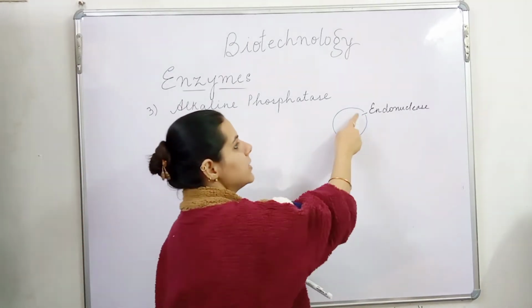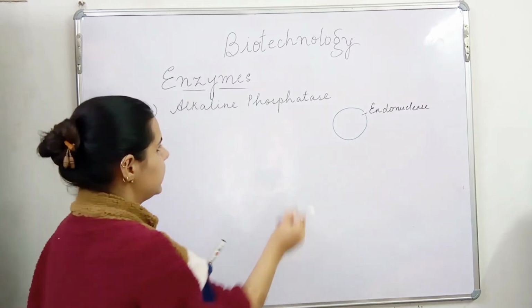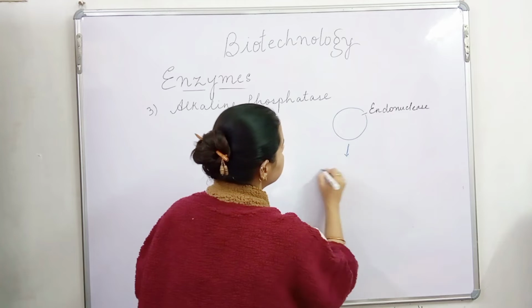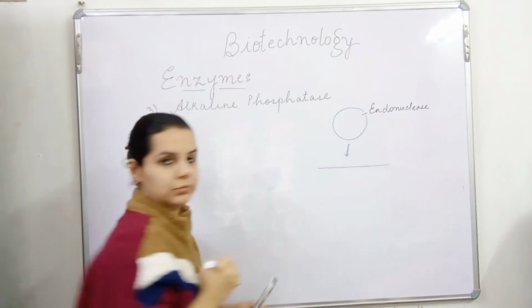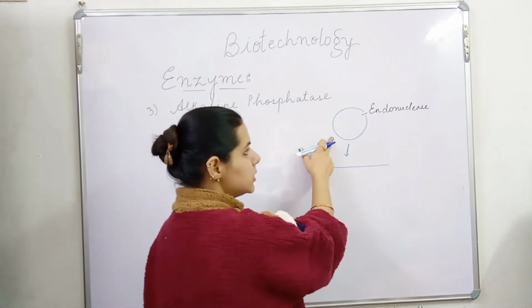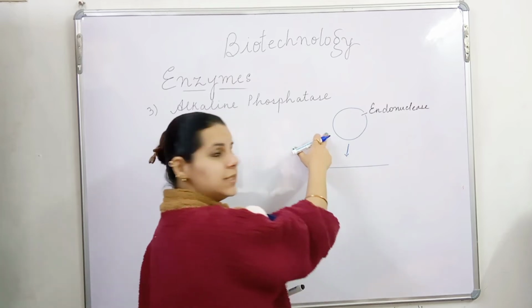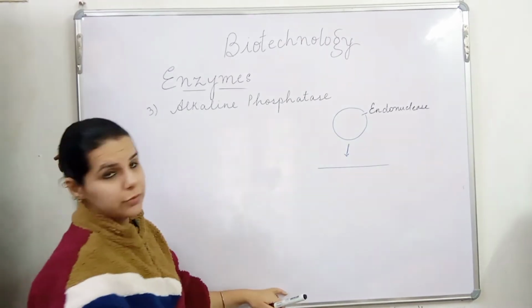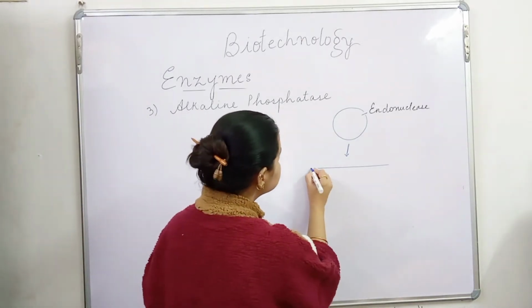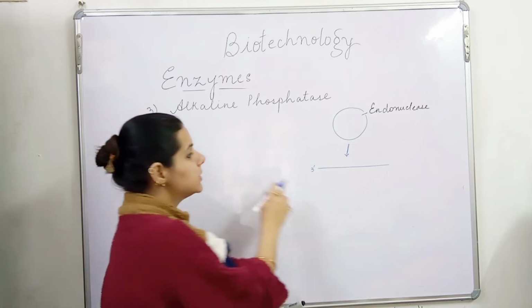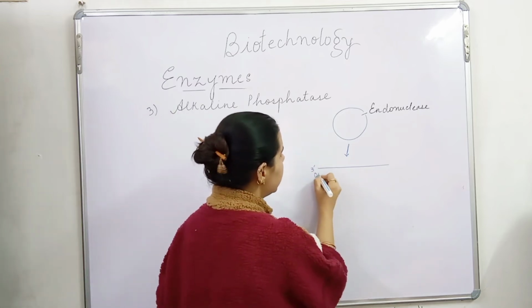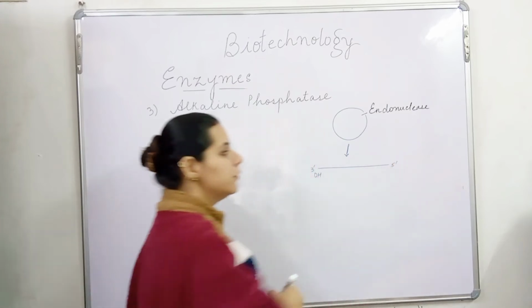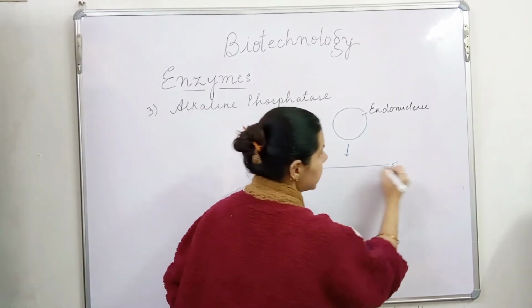So now my plasmid will open and I will get this plasmid in a linear form. Now this is also DNA but in the circular form, and this is also DNA but in the linear form. Now this is the 3' end. At this 3' carbon, there is a hydroxyl group attached. And this is the 5' end where a phosphate group is attached.